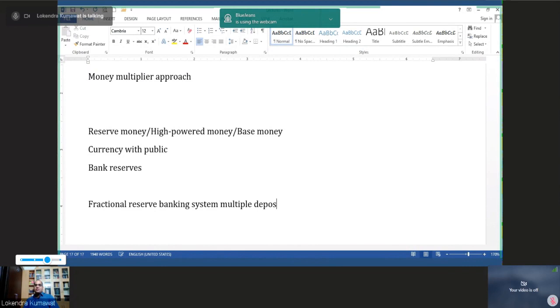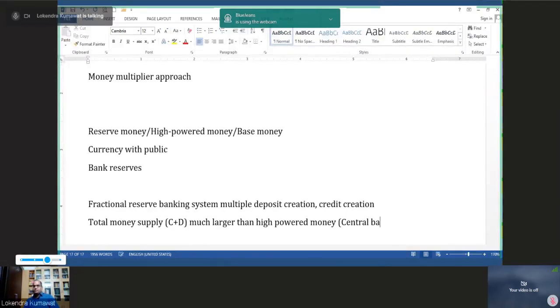Through this we have multiple deposit creation and credit creation. As a result, the total money supply, which is equal to C plus deposits, is much larger than the high-powered money, which is also called central bank money.